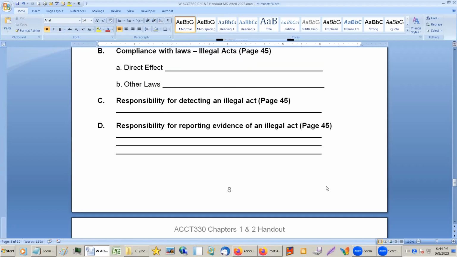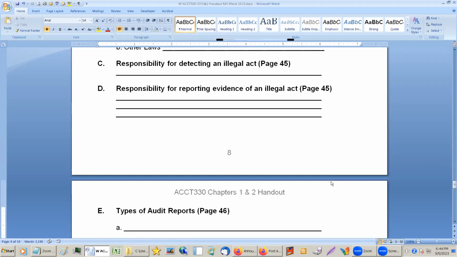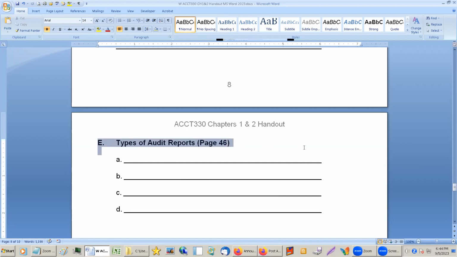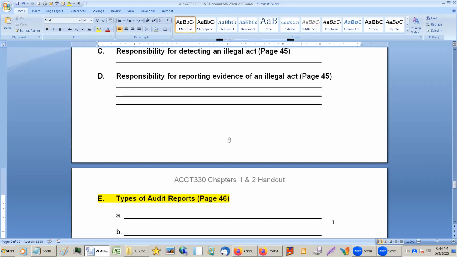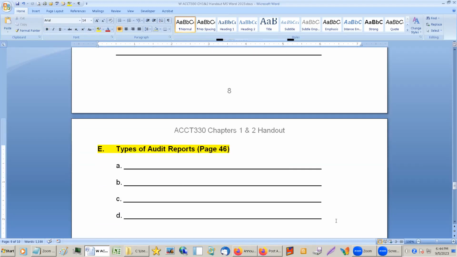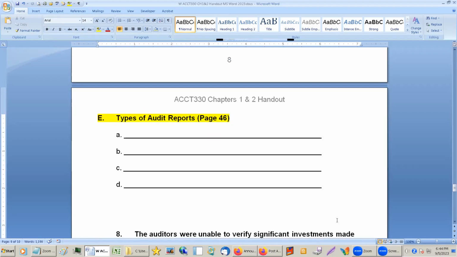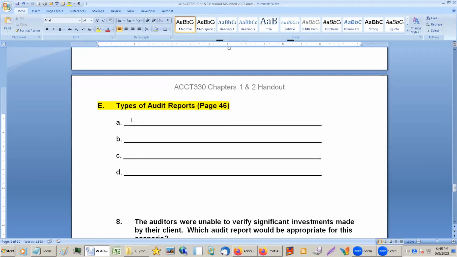Jump to, is it page 8? What page is this on? E, types of audit reports. It's in chapter 2. It's like half on page 8 and half on page 9. Okay, yeah, you can do space into types of audit reports.